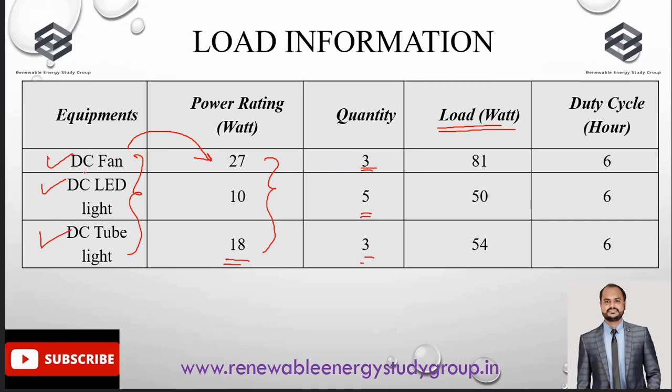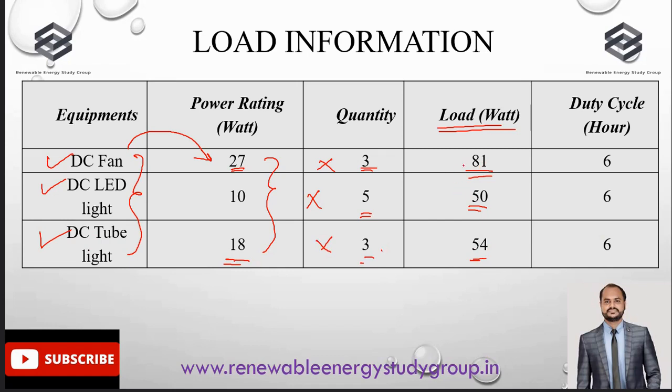As we know the DC fan consumes 27 watt, multiplied by this quantity, we get on average 81 watt as the load of the DC fan on the system. Similarly, for the DC LED light we take 10, the power rating, multiplied by the quantity 5, and we get 50 watt as the load. Similarly, for the DC tube light, we take 18 multiplied by 3, and we get 54 as the overall load.